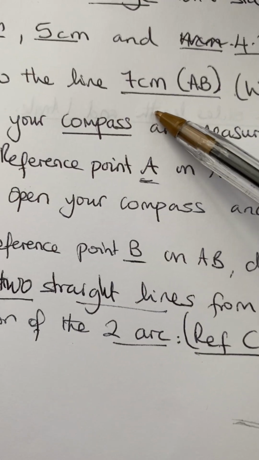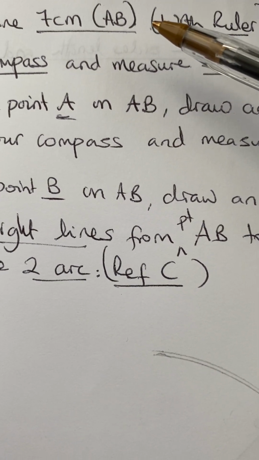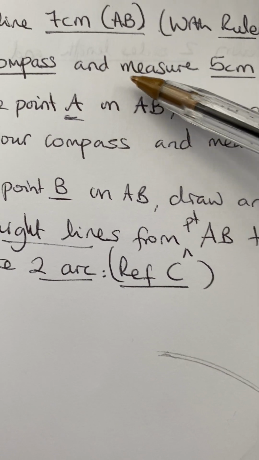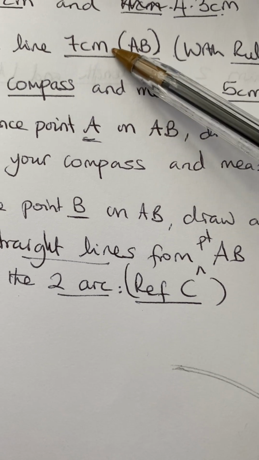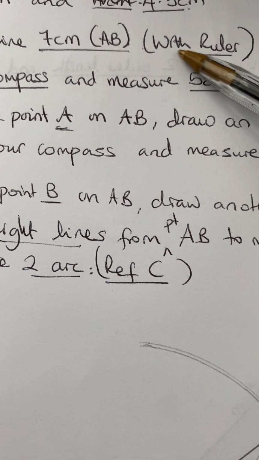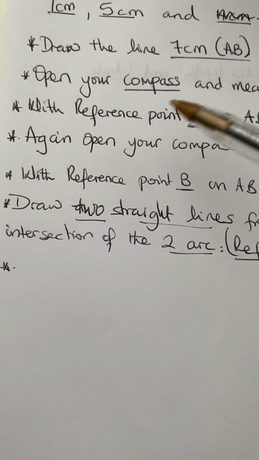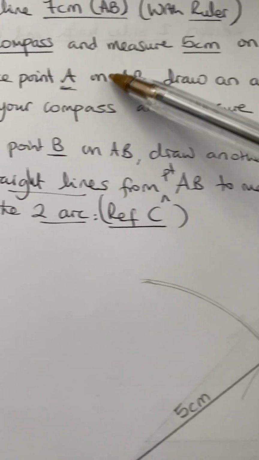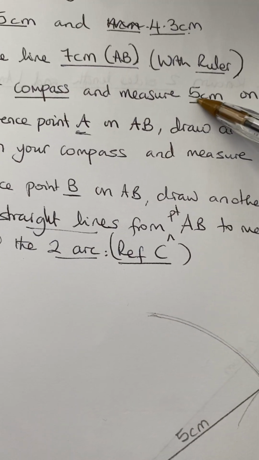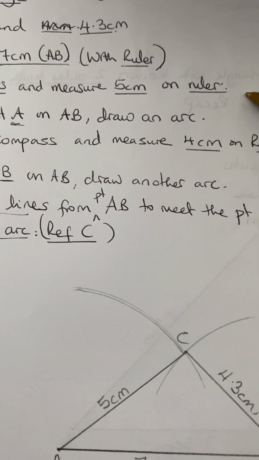So you draw the line 7 centimeters. You normally go for the longer line, 7 centimeters, and reference it A and B with a ruler. Okay. Open your compass and measure 5 centimeters, which is the second length you've been given, on the ruler.